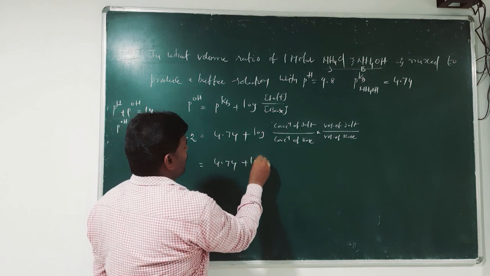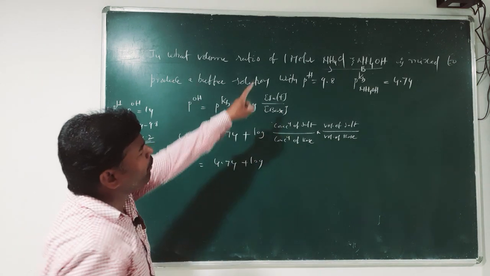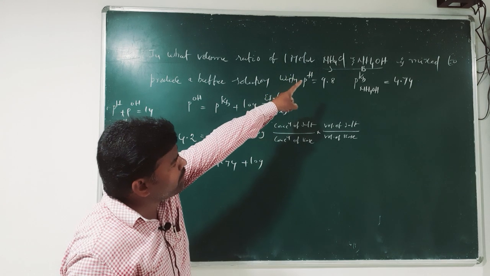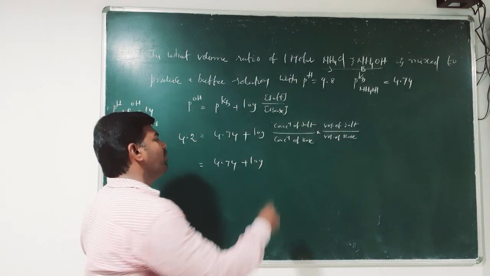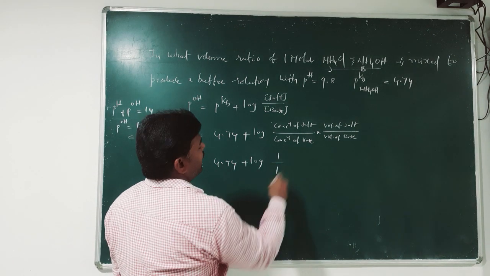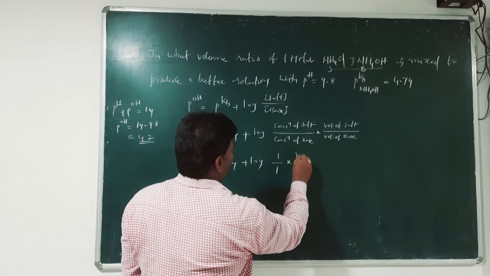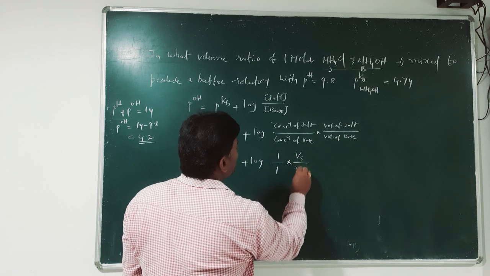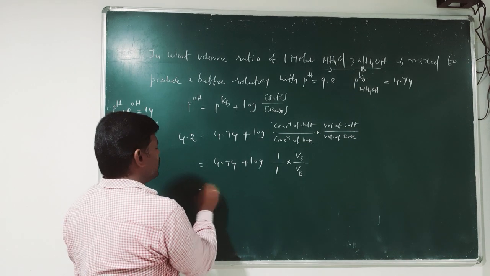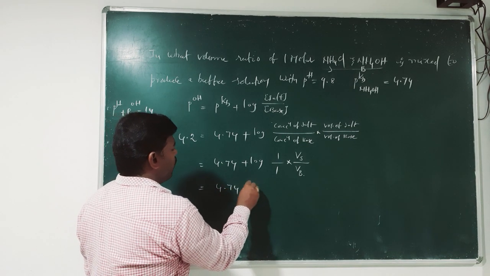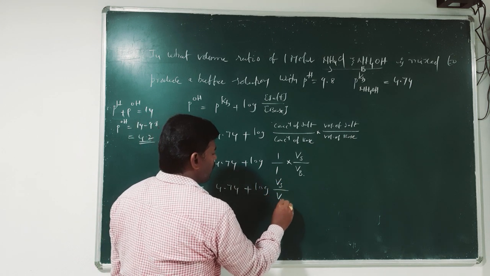So 4.74 plus log concentration of salt: 1 molar ammonium chloride and 1 molar ammonium hydroxide, their concentrations are 1 molar. But they asked to calculate the volume ratio, volume of salt by volume of base, so 1 by 1 is 1. That gives 4.74 plus log volume of salt by volume of base.